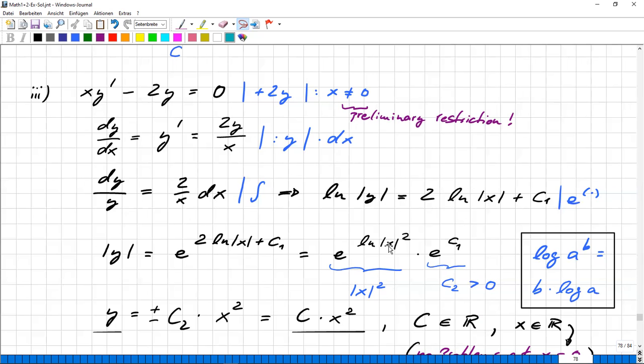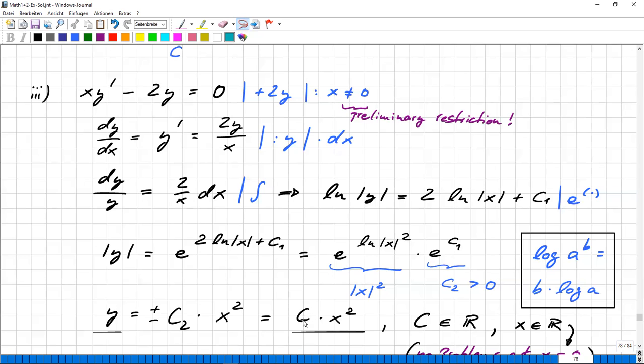There's nothing negative anymore inside here. Also, here it's positive due to the vertical bars, but we don't need the vertical bars anymore in this form. And then we also have this product form of times e to the power c1, which is positive, same procedure as every time. So we get our plus or minus e to the c1, renamed to be c, an element of the real numbers.